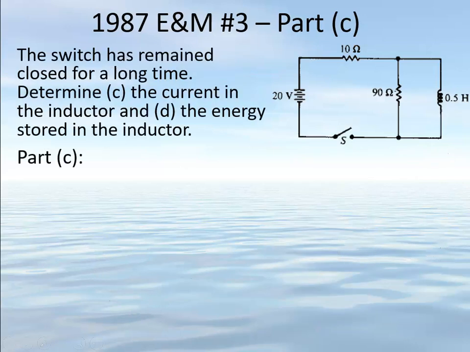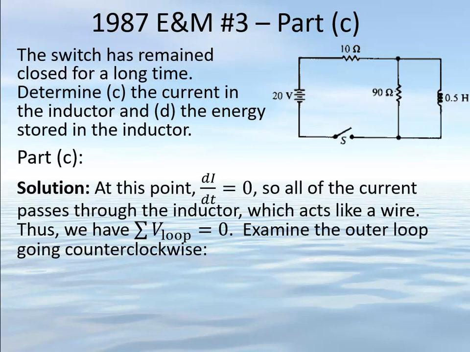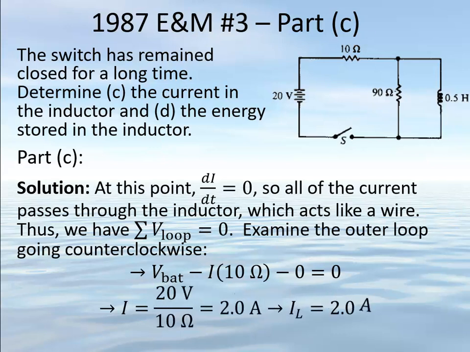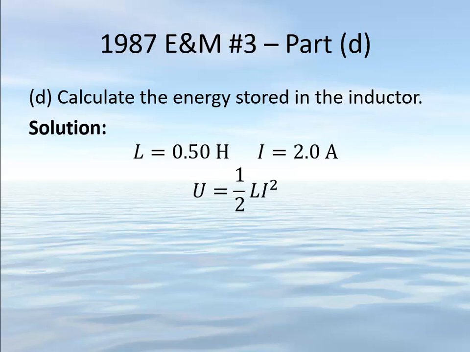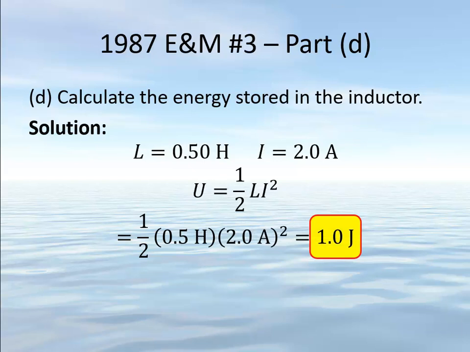So next, moving on to Part C. There were 2 points awarded here. The resistance being 10 ohms as part of our calculation was worth 1 point, and the value of the current being 2 amps for our final answer was also worth 1 point. In Part D, there was 1 point given for showing the formula U equals 1/2 L i squared, and then 1 point for plugging in the numbers and getting the correct answer with our units.